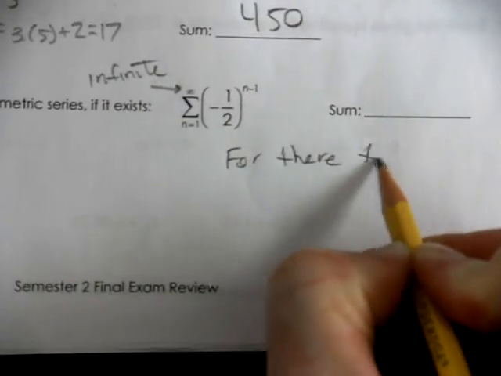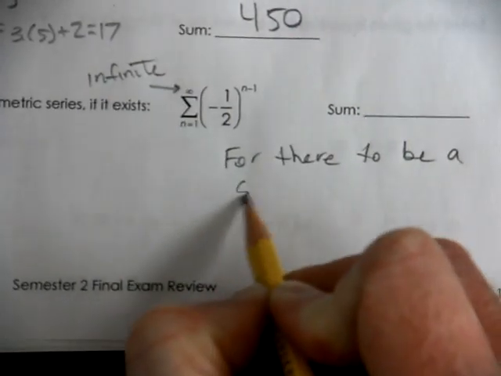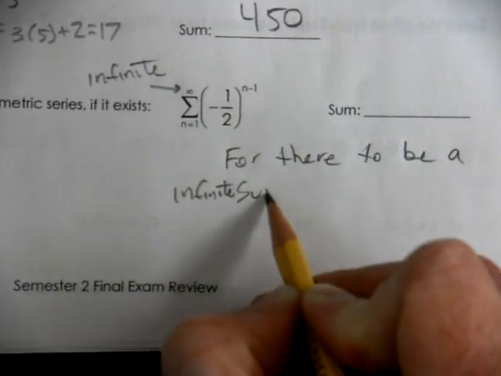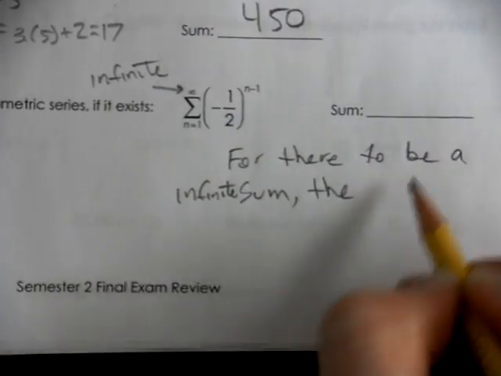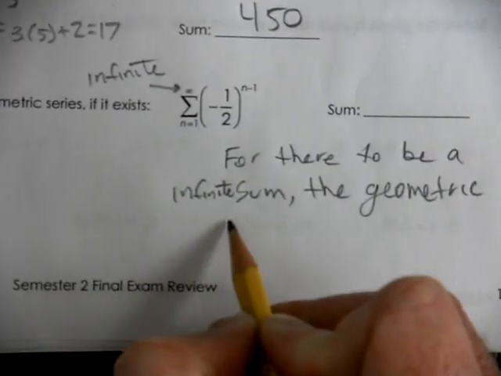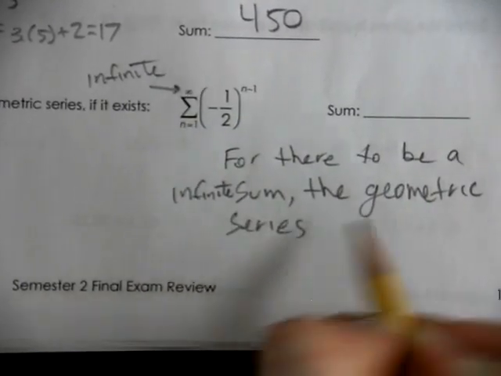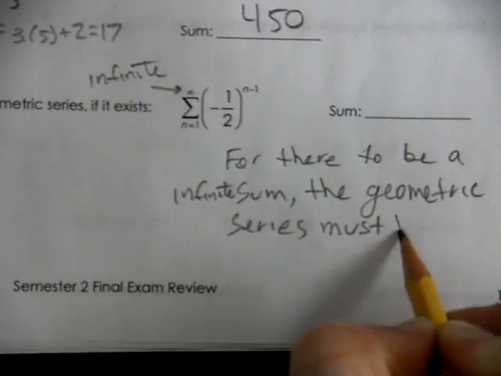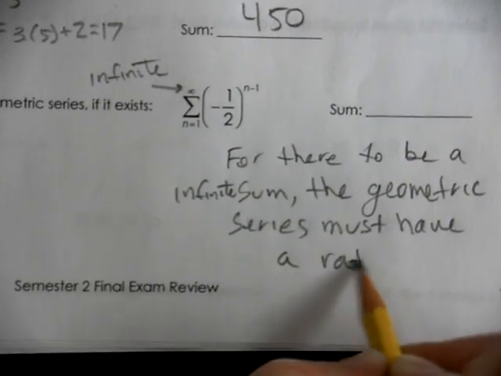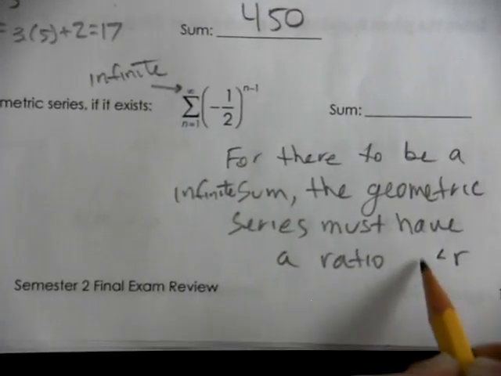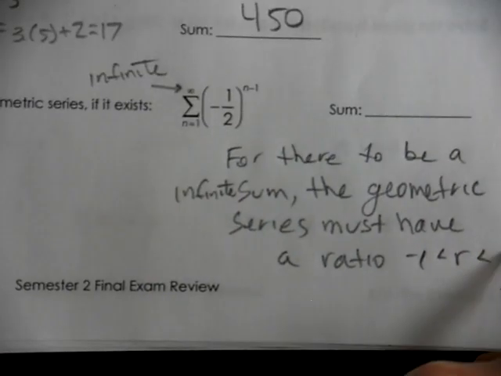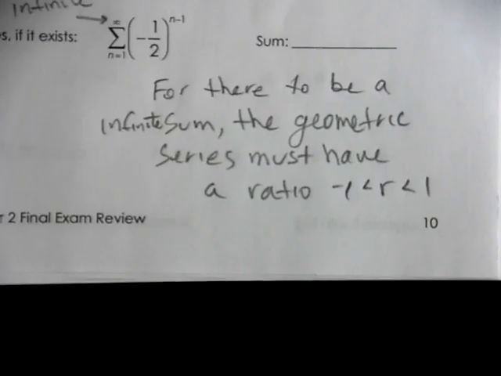For there to be an infinite sum, the geometric series must have a ratio greater than -1 but less than +1.